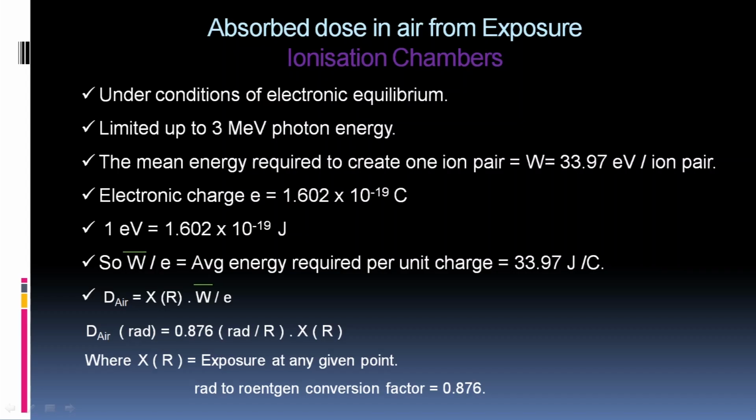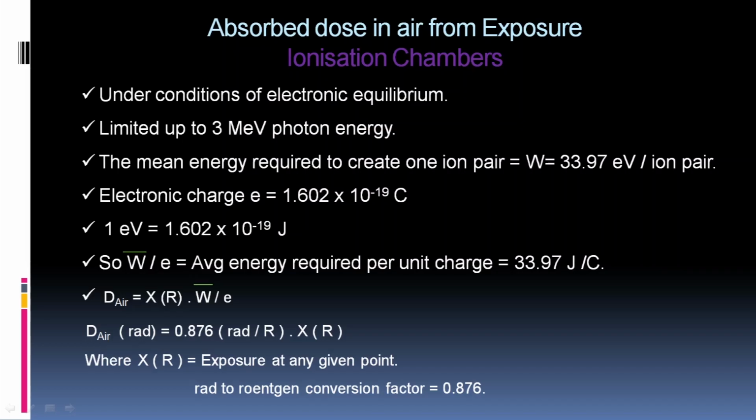There is a condition we have discussed, electronic equilibrium, where the system should have the same amount of ionization gain and the same amount of ionization loss, so we can accurately calculate the energy or charge produced by a particular volume.